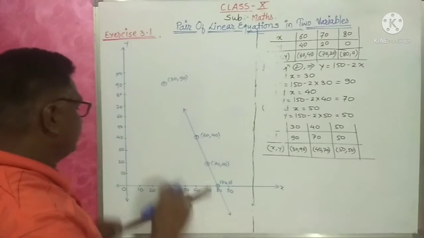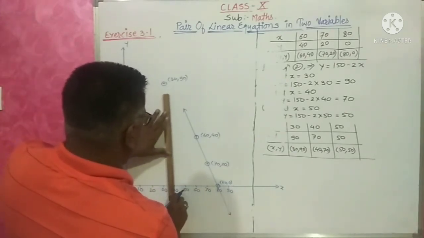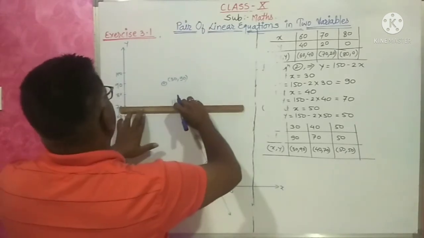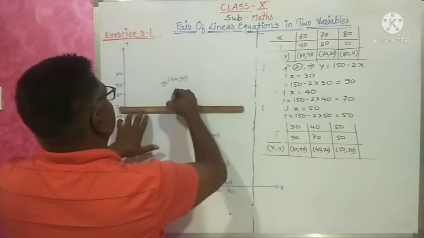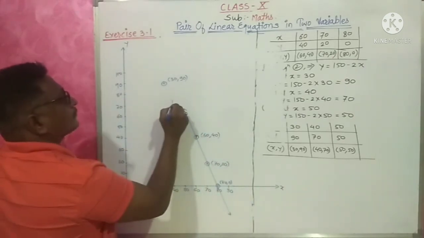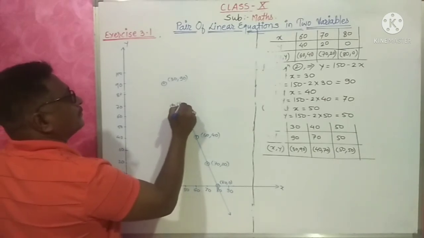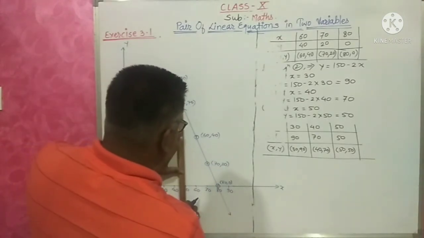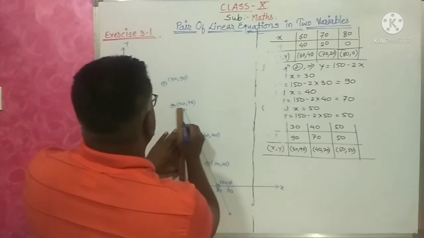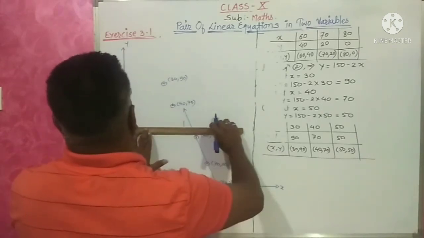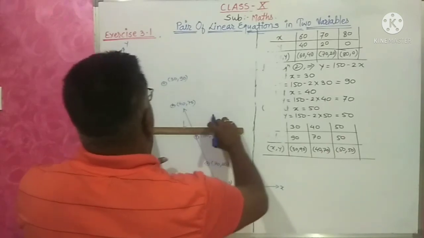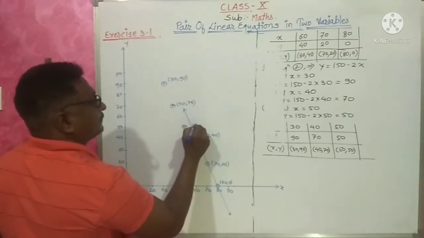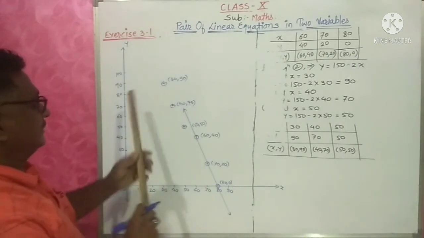Second 40, 70. And third 50, 50. This 50, 50. Draw the line.